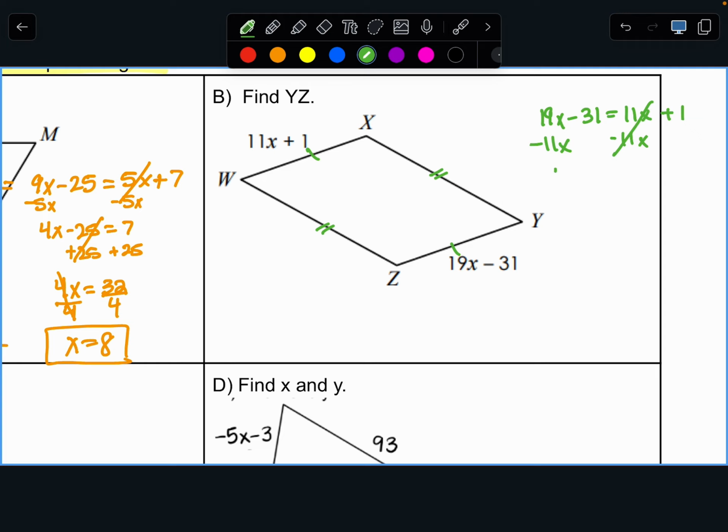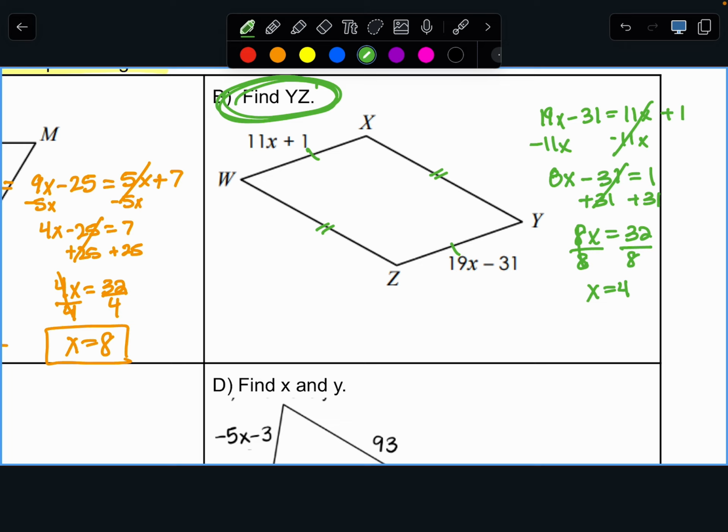19 minus 11 is 8x. Minus 31 equals 1. I'm going to add 31 to both sides. 8x equals 32. Then we divide. X is 4. But that's not what I asked you to find.